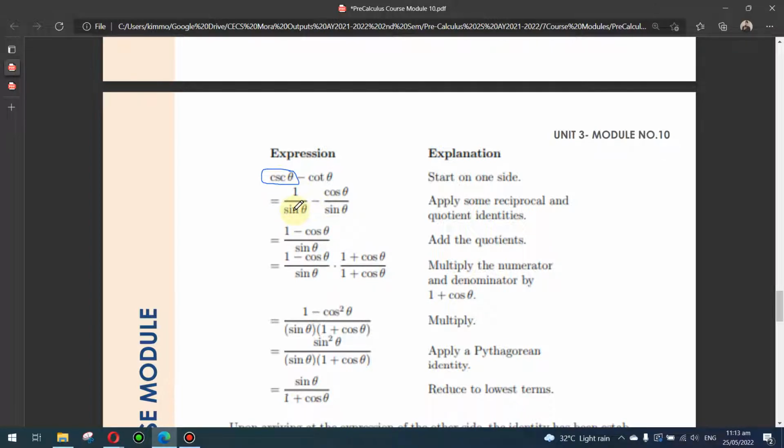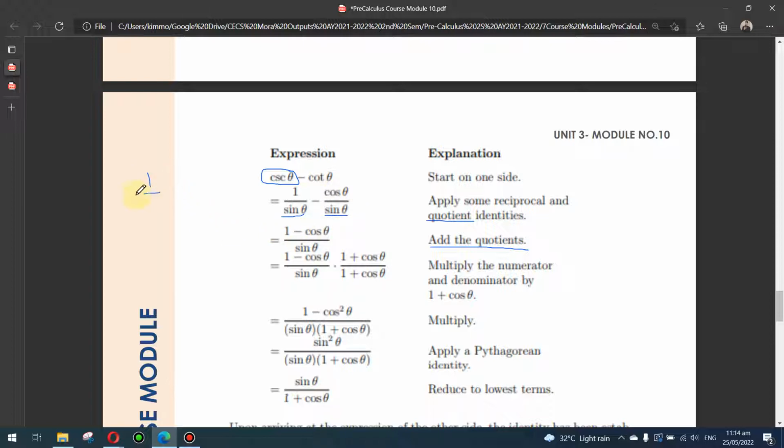Quotient identity: cotangent is equal to cosine over sine. So, we have this. Next, we add the quotients. Since they have the same denominator, which is sine, they have a common denominator. Then we add 1 plus negative cosine. So, we have 1 minus cosine.